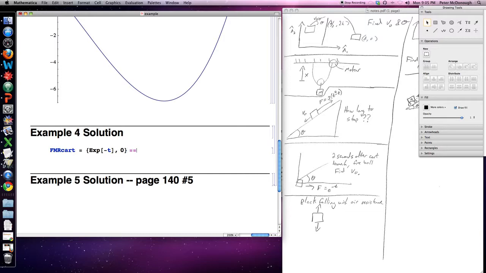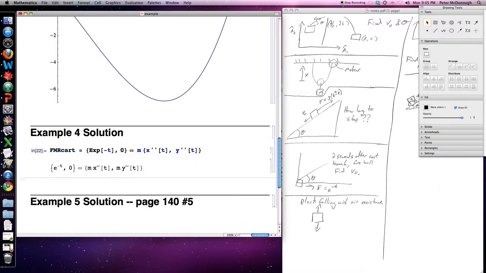And this thing will be equal to the mass times the acceleration in the x direction. So x double dot of t and y double dot of t.